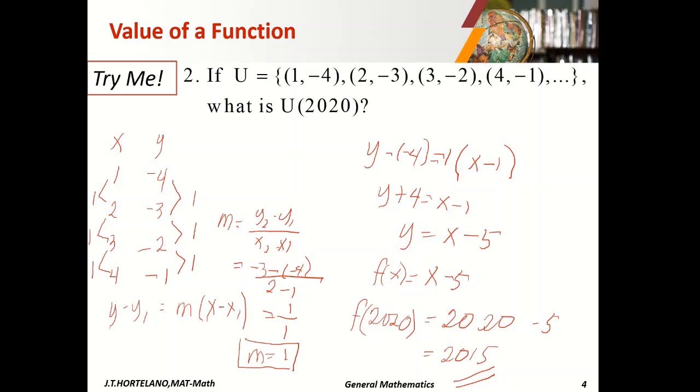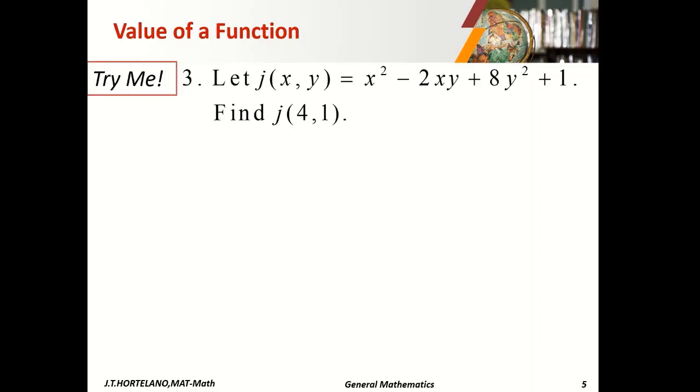Okay? Next is number 3: let j of x,y be equal to x squared minus 2xy plus 8y squared plus 1. Find j of 4, 1. So we know that 4 is the x value, 1 is the y value.